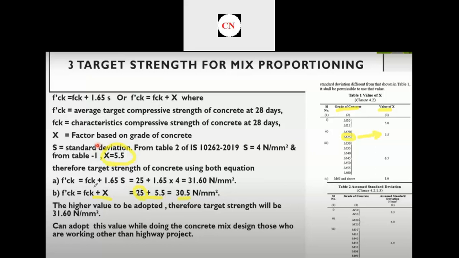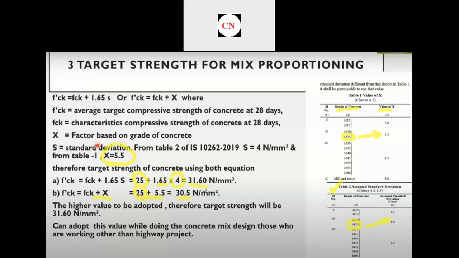Whereas from the first criteria, f'ck equal to fck plus 1.65 S, fck is the same 25 plus 1.65 into S. The S value we read from table 2. For M25 grade, 4 is the value, and the value works out to be 31.60 Newton per mm square.